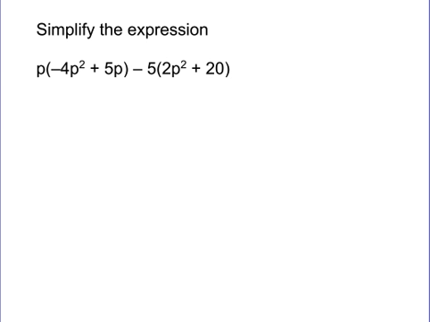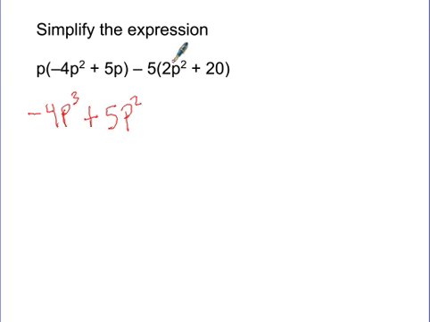Now it's the same thing. It's still distribution. Now we've got more terms involved in our polynomials, so we're going to end up with the opportunity to simplify once we're done multiplying. Okay? So p times negative 4p squared, negative 4p cubed, and then plus p times 5p, 5p squared.